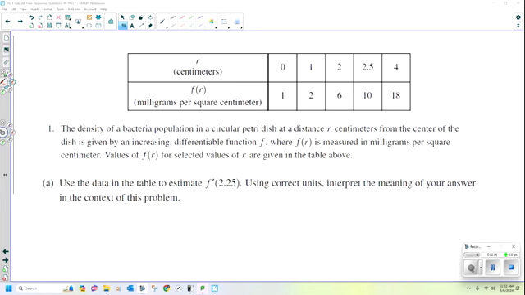Values for f of r for selected values of r are given in the table above. All right, that was a mouthful. A says, use the data in the table to estimate f prime of 2.25. Then, using correct units, interpret the meaning of your answer in the context of the problem.